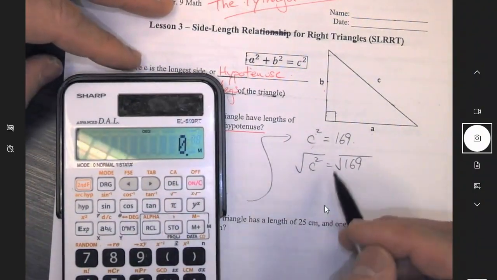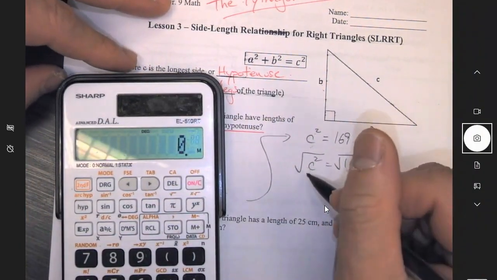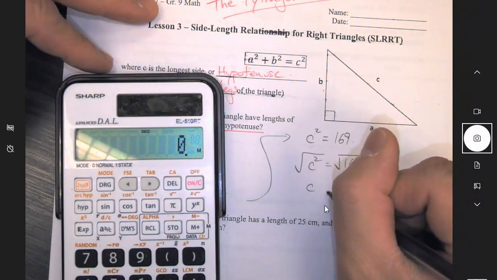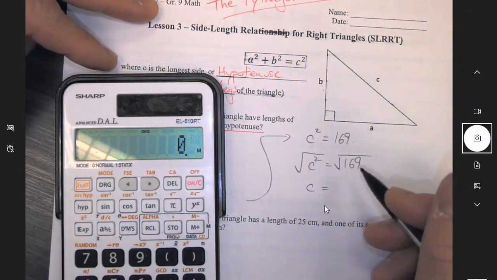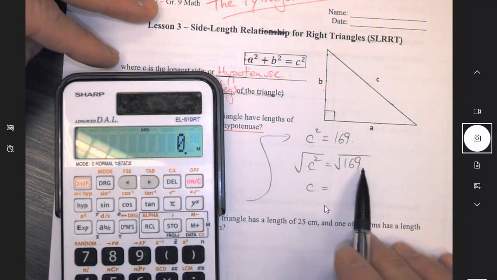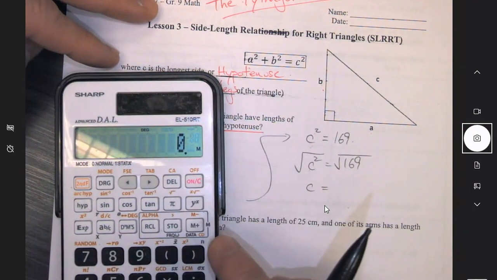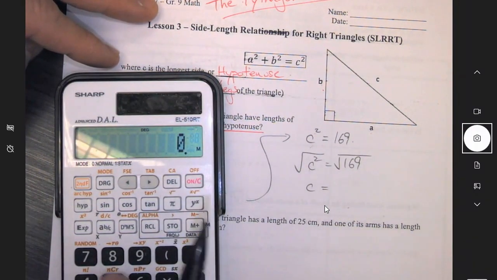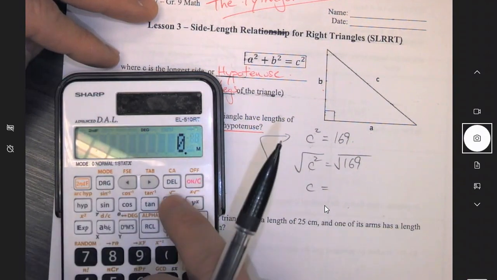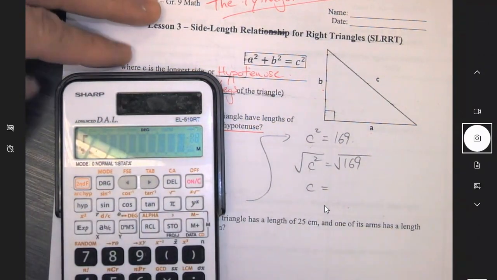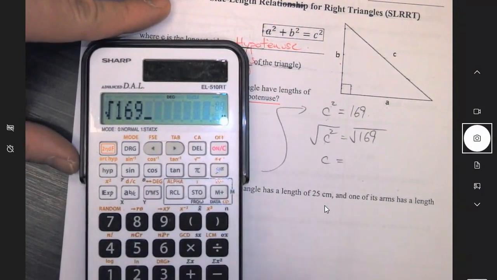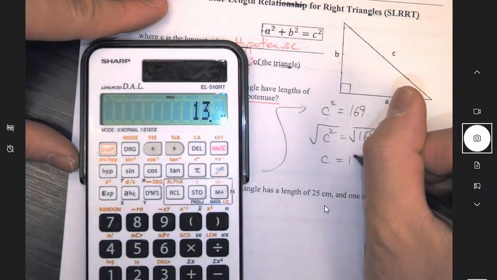In this case, when you square root c squared, you just have c because that's the opposite operation. Now, the square root of 169 on my calculator, that's the square root of 169. That will give me 13.